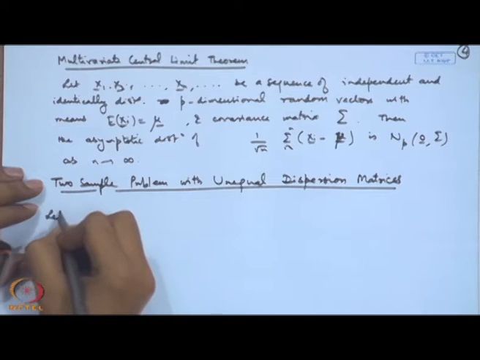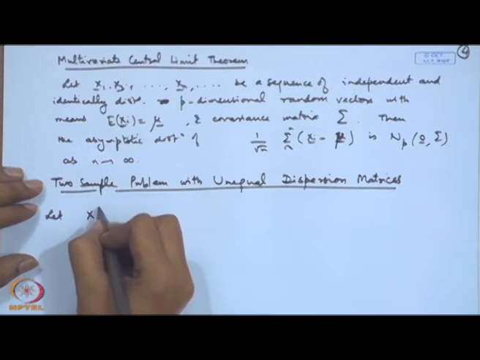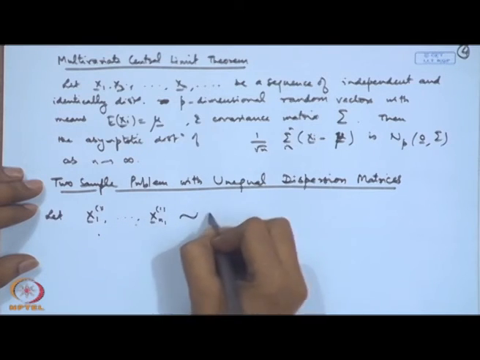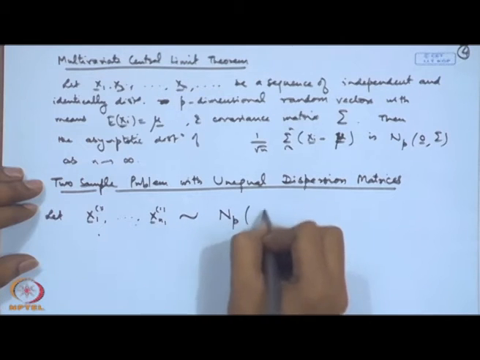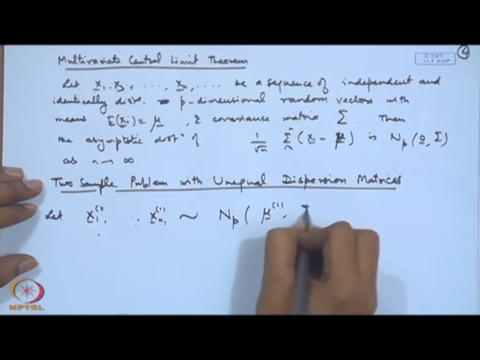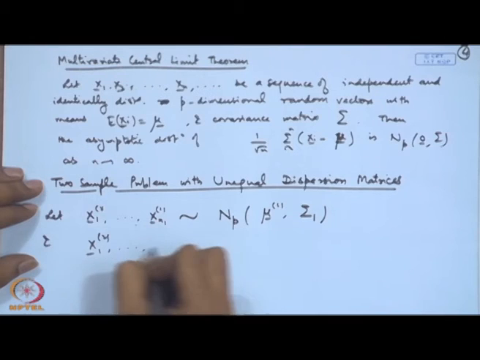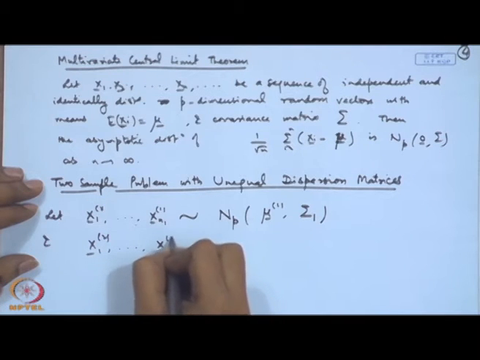So, we consider, let us go back to the notation that I introduced earlier, X_11 to X_1n1, which is a random sample from N_p(mu_1, Sigma_1), and another random sample X_12 and so on up to X_n2 2.